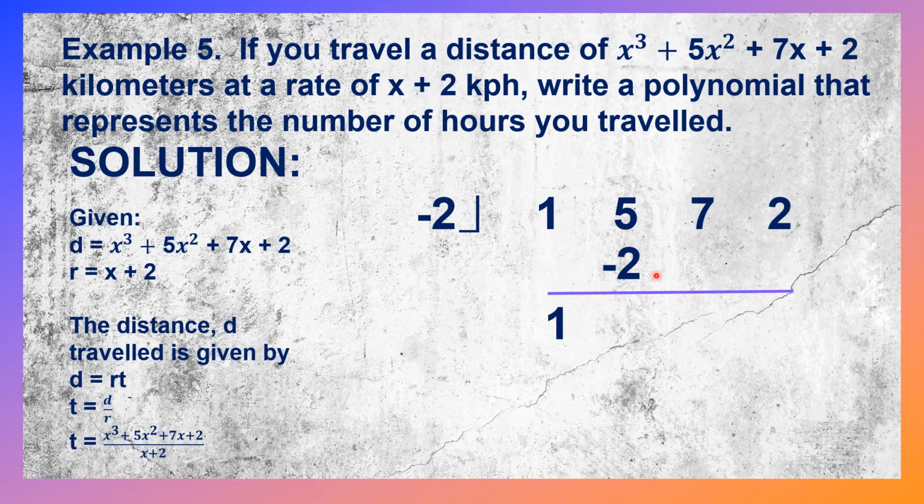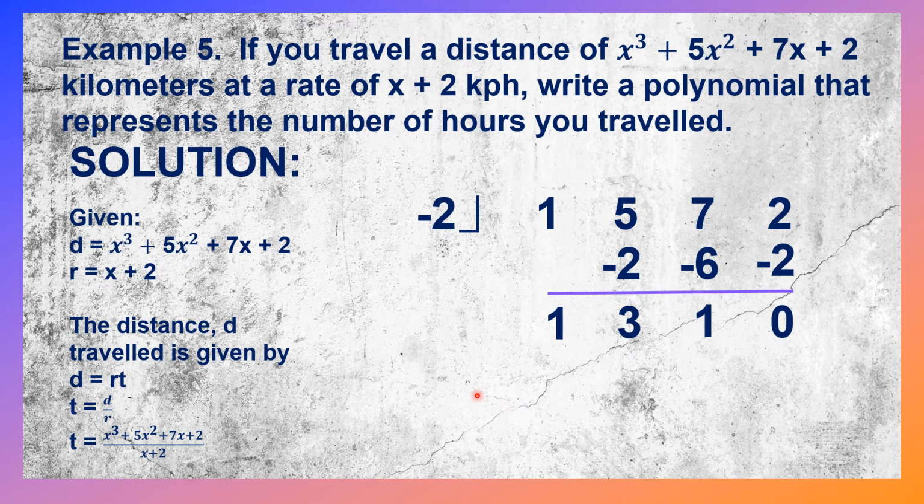Then add 5 plus negative 2 is positive 3. Then 3 times negative 2 is negative 6. Then add 7 plus negative 6 is equal to positive 1. Then multiply negative 2 times 1 is negative 2. Add 2 plus negative 2 is 0. So we don't have a remainder in this example.